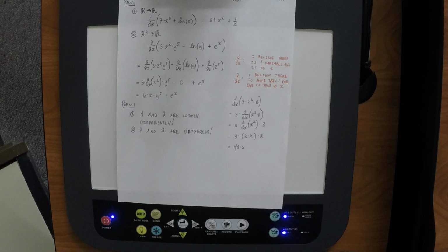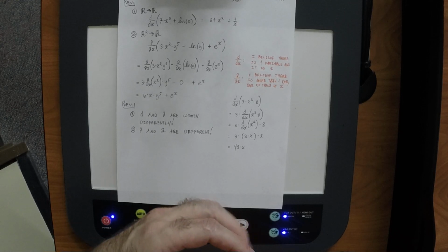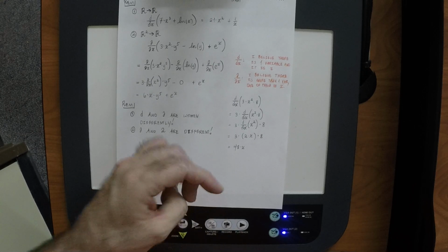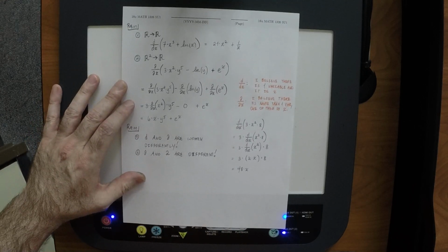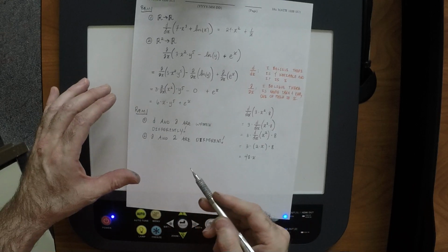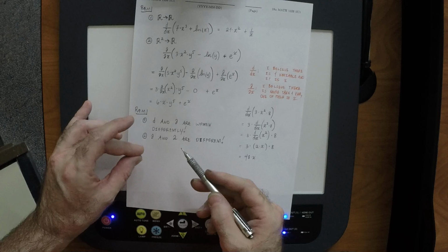Now, it might be your experience that math folks are peculiar, probably me especially, in the way that we write things. But in the end, it's for reasons like this.